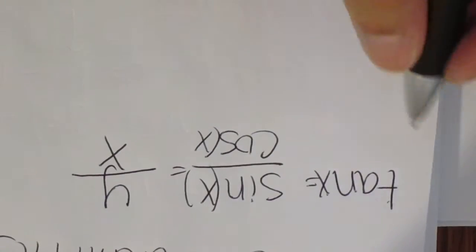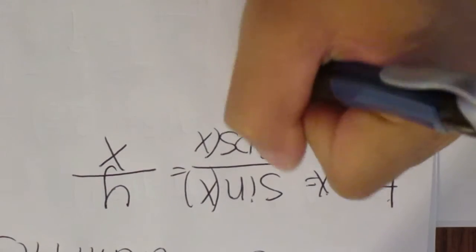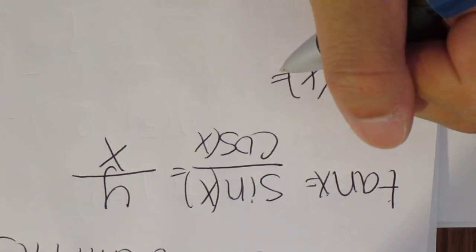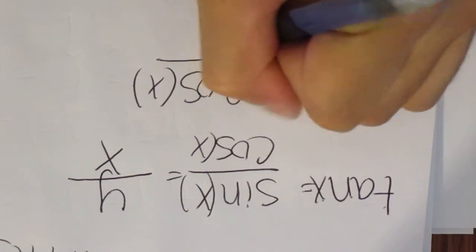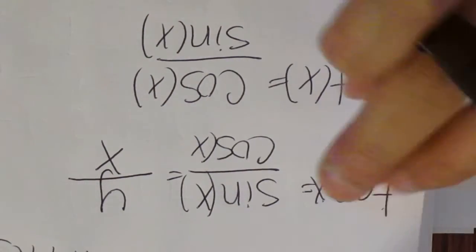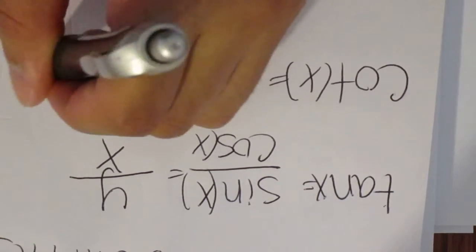Then we have cotangent of x equals cosine of x over sine of x. You're just flipping the tangent, if that makes sense. So it's x over y.